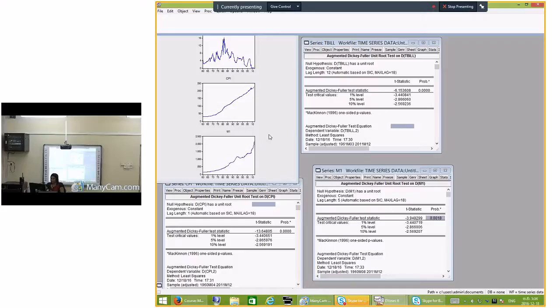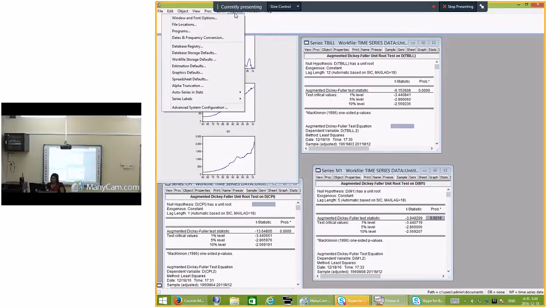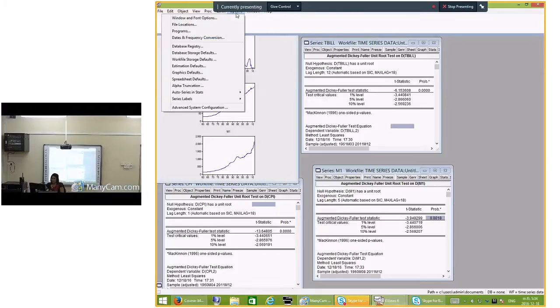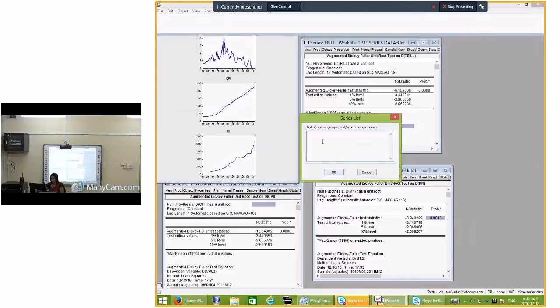Graph the treasury bills, the Y, the CPI, the M1.